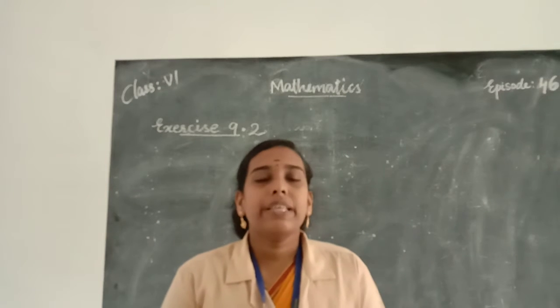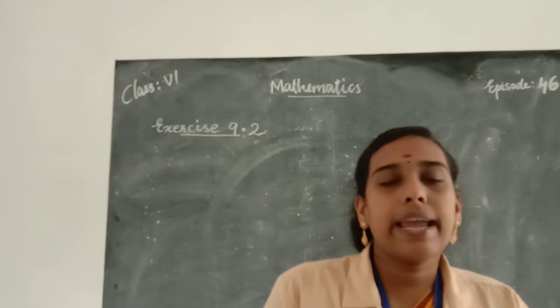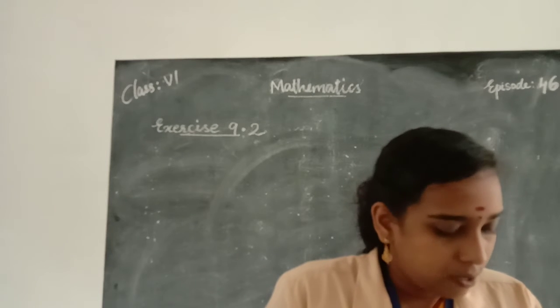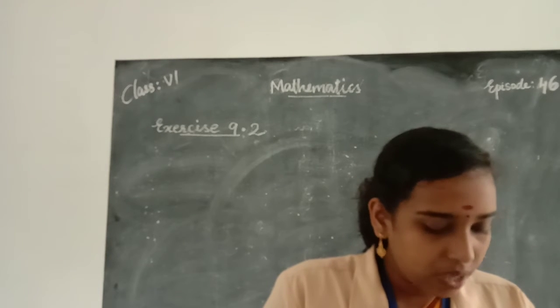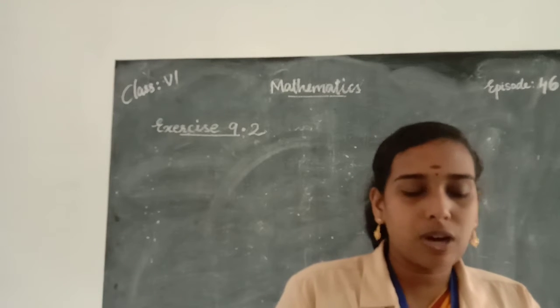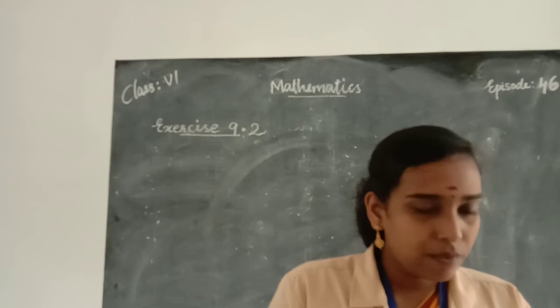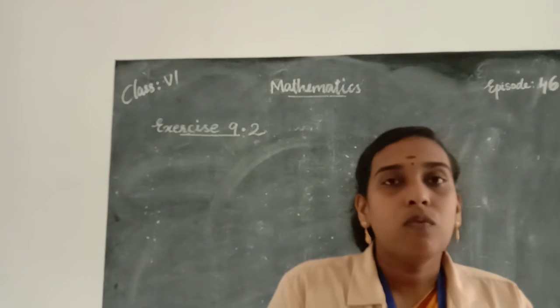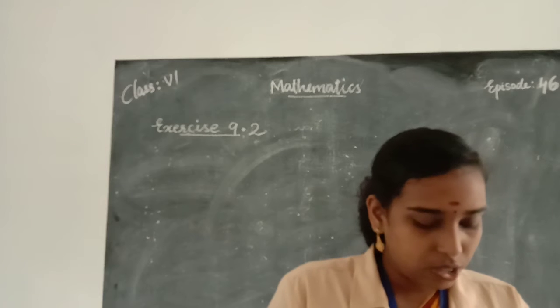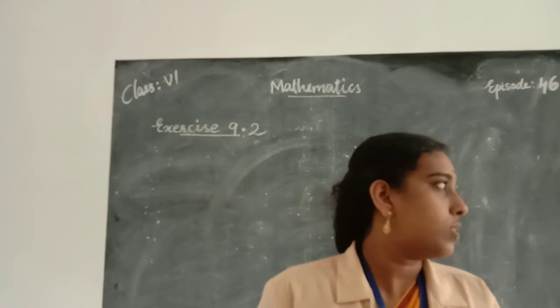In your textbook, page number 196, it's question number 1 in exercise 9.2. The total number of animals in 5 villages is given. By using the given data, we want to draw the pictograph, then write the answers for the following questions.